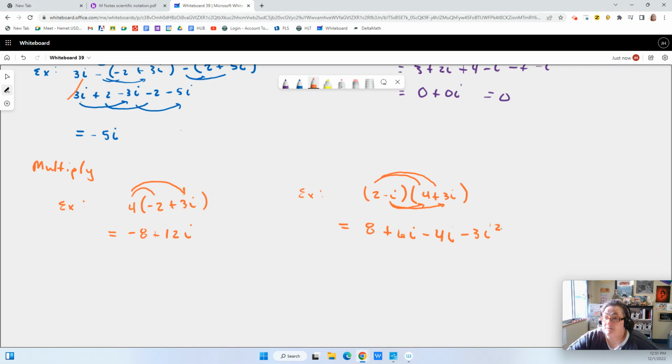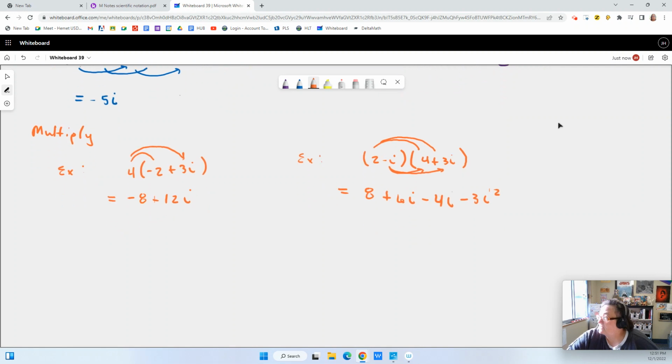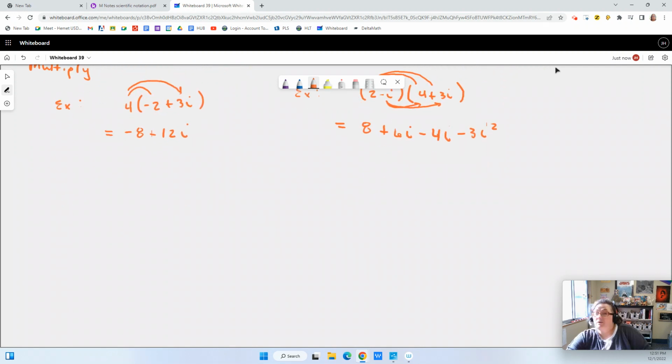right? All that i squared is going to do is that becomes -1. So all it really does is change that sign to a plus, right? And I'm going to show you how in a sense right now. So if I have 8 plus, well, I've got 6i minus 4i, so we'll call that plus 2i. And I have minus 3i squared.